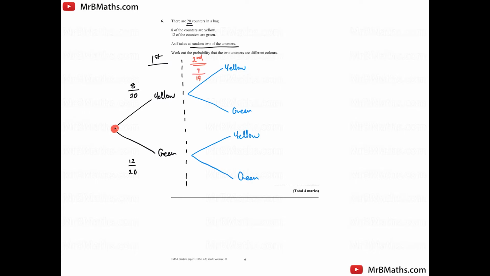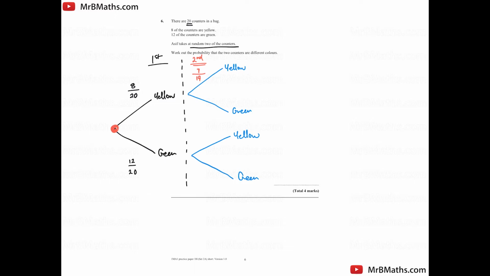Okay, it was 8, but if I've just chosen a yellow, it's now become 7. So 7 out of 19. If I've gone this route, I've selected a yellow, not a green. So the green will stay as 12, but this will also become out of 19. Okay, so basically what's happened is the green has now got a higher chance of being chosen because 1 yellow has been chosen.